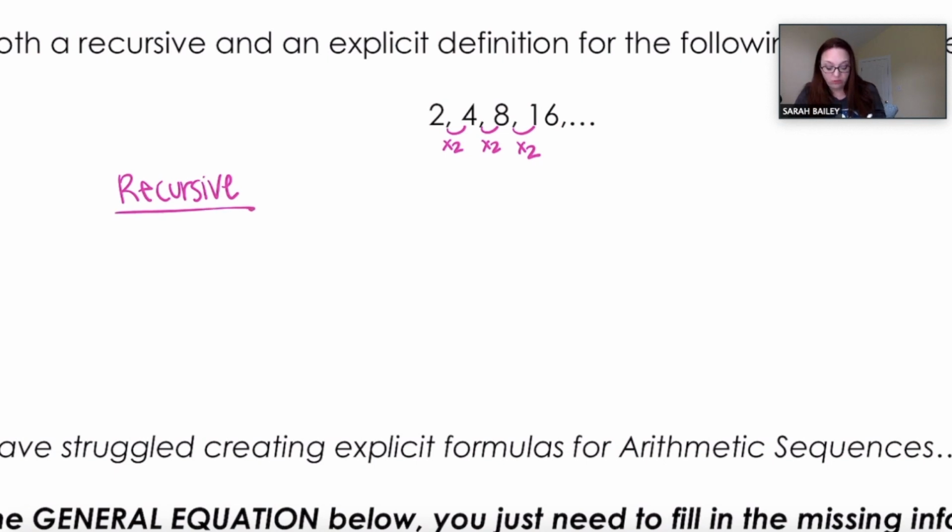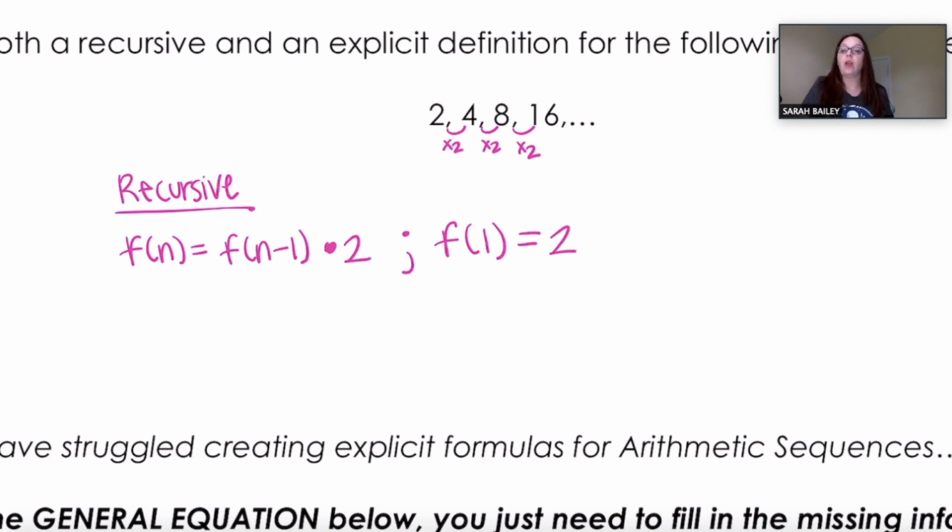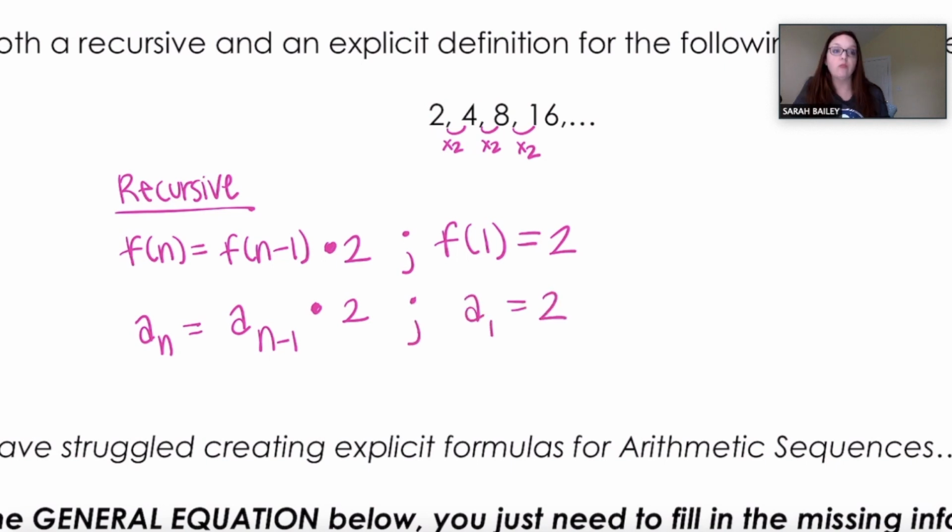My recursive formula, if I write it in function notation, is that f of n is equal to my previous term, which is f of n minus 1, times 2, where f of 1 is equal to 2. Or if I use subscript notation, that would be a sub n is equal to a sub n minus 1 times 2, where a sub 1 is equal to 2.